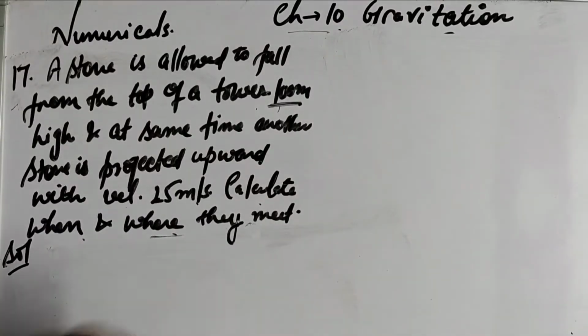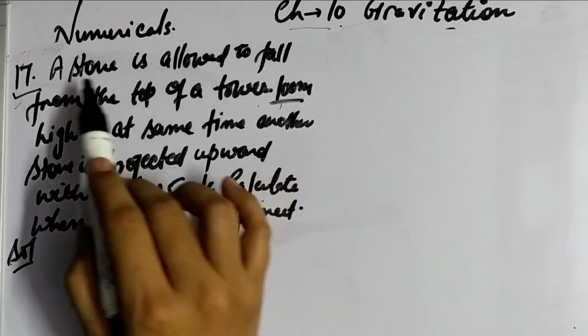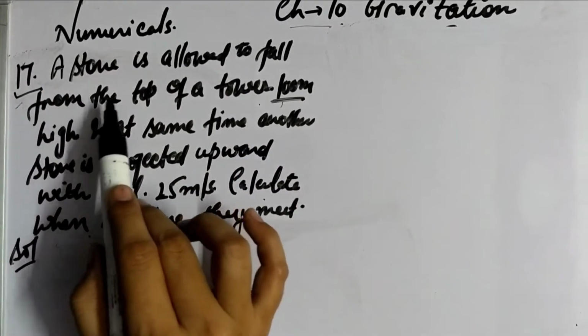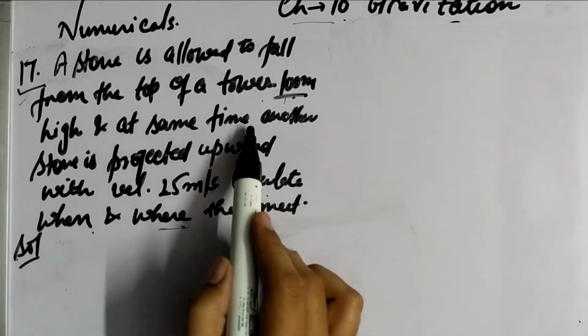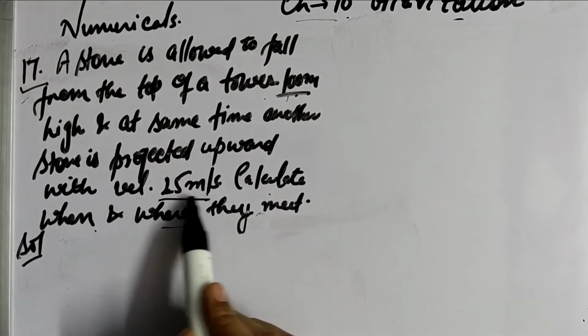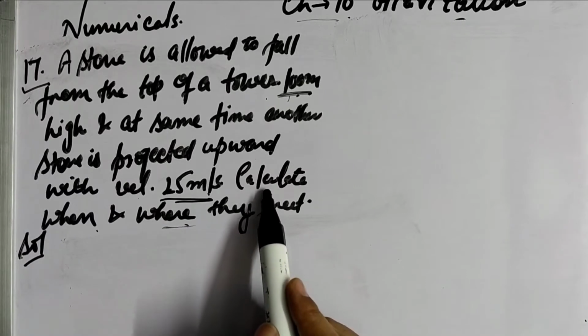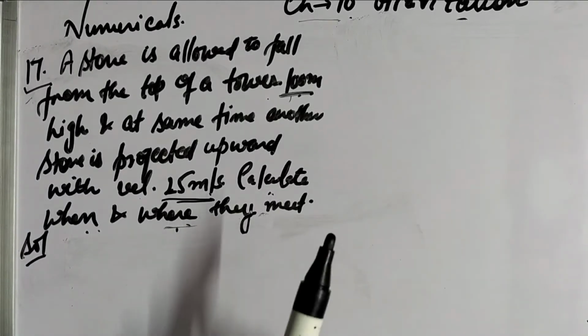Now let's solve the 17th problem of your exercise of chapter 10. A stone is allowed to fall from the top of a tower 100 meter high, and at the same time another stone is projected upward with velocity 25 meter per second, and we need to calculate when and where they will meet.